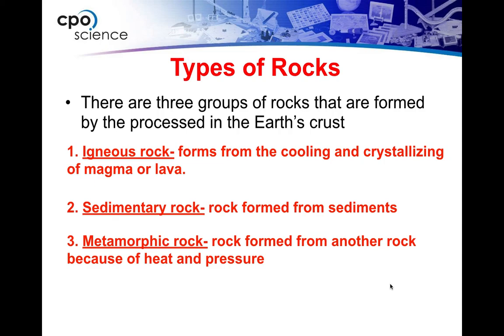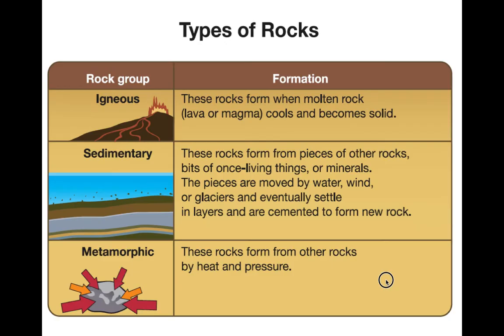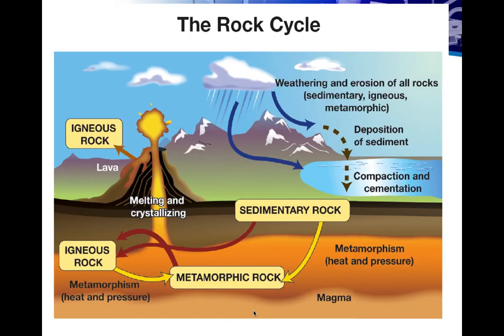If it came from magma that cooled or hardened, it's igneous. If it came from sediments that have been compacted and cemented together, it's a sedimentary rock. If it came from extreme heat and pressure, then it's going to be metamorphic. So those are our three types that we're going to talk about in this chapter. So when you guys think igneous, think magma, think lava. When you think of sedimentary, think of these sediments getting compacted and cemented together, and then metamorphic is essentially cooking the rock, but you're not going to melt it, or squeezing it would be another way.